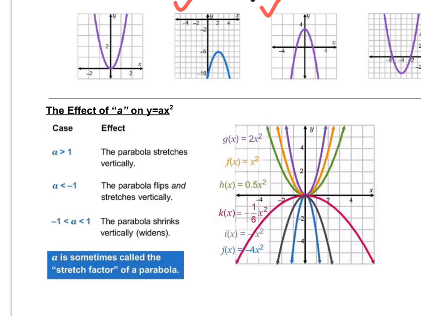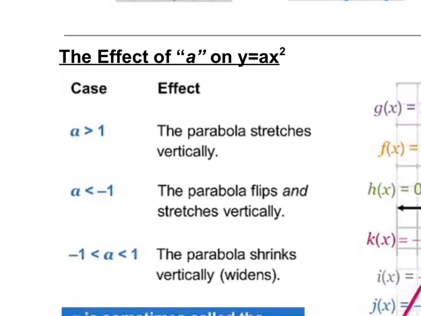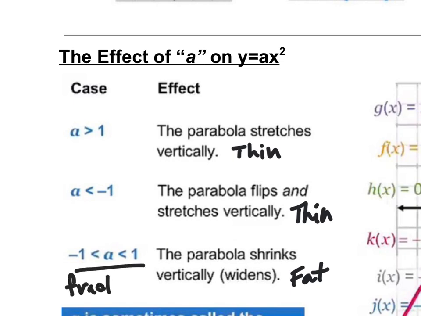And if A is a fraction, then it shrinks vertically and it widens. When it says that it stretches vertically, if A is greater than 1, that means it's going to get thin. If A is less than -1, it's also going to get thin. And if the parabola shrinks, it widens, that means it gets fat. These are for values of A that are fractions.